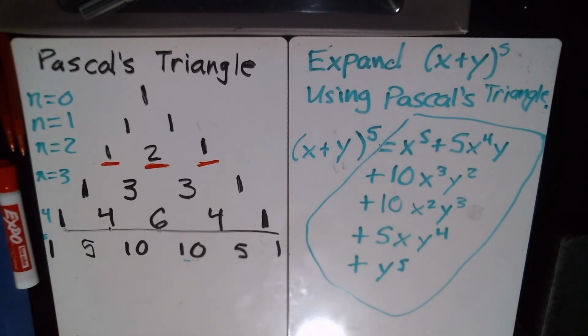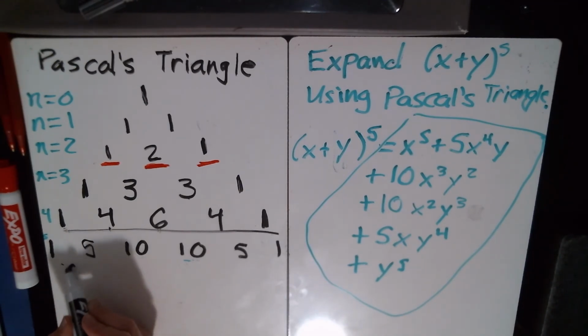And if you had higher powers, like a power of 6 or 7 or 8, you're going to have to fill in more rows of the triangle to be able to figure it out, right? But how we do that is we just add the two elements that are right next to each other. 1 and 5 is 6.